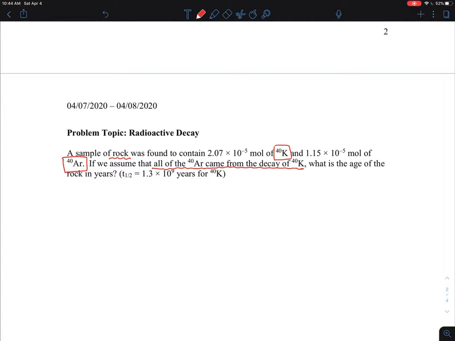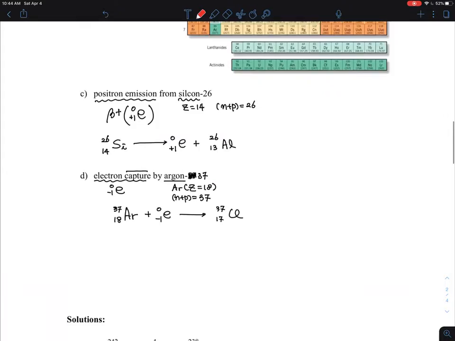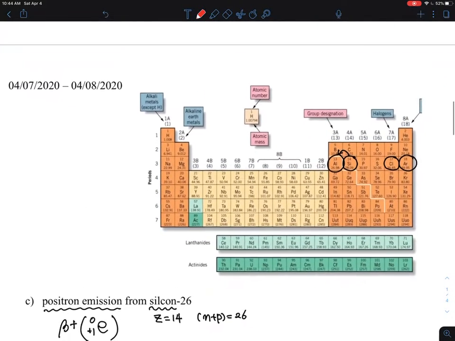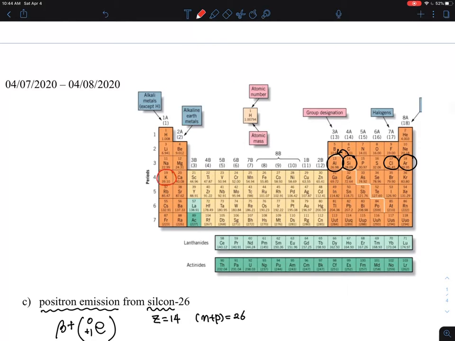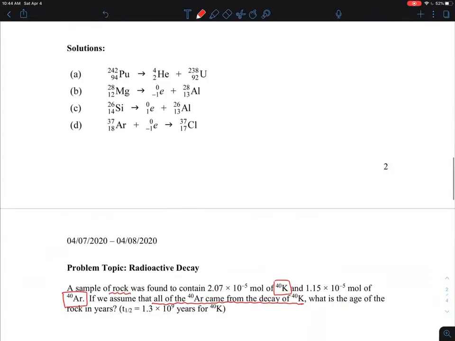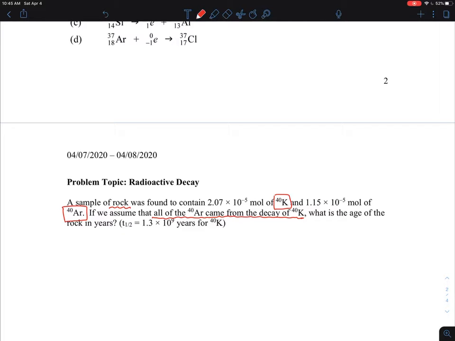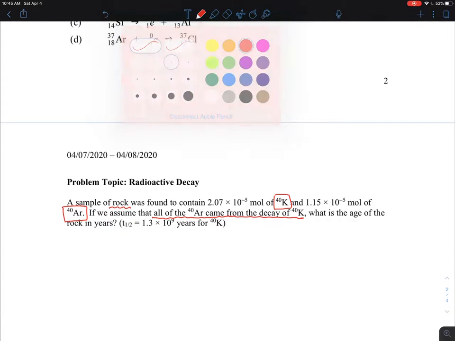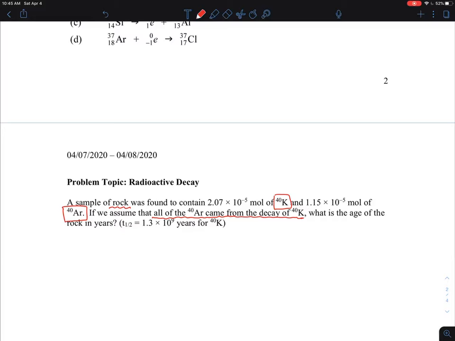So let's look at the periodic table that we used before. Where is potassium? Potassium has atomic number 19, and argon has atomic number 18. Because we just learned about nuclear chemistry, we can write an equation like this: potassium-40, which is 19, decays to argon-40, which is 18.